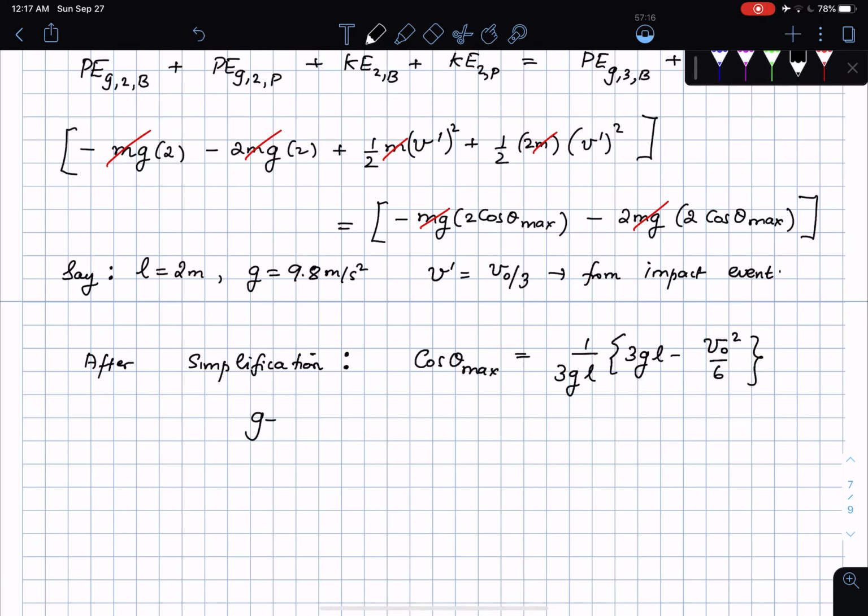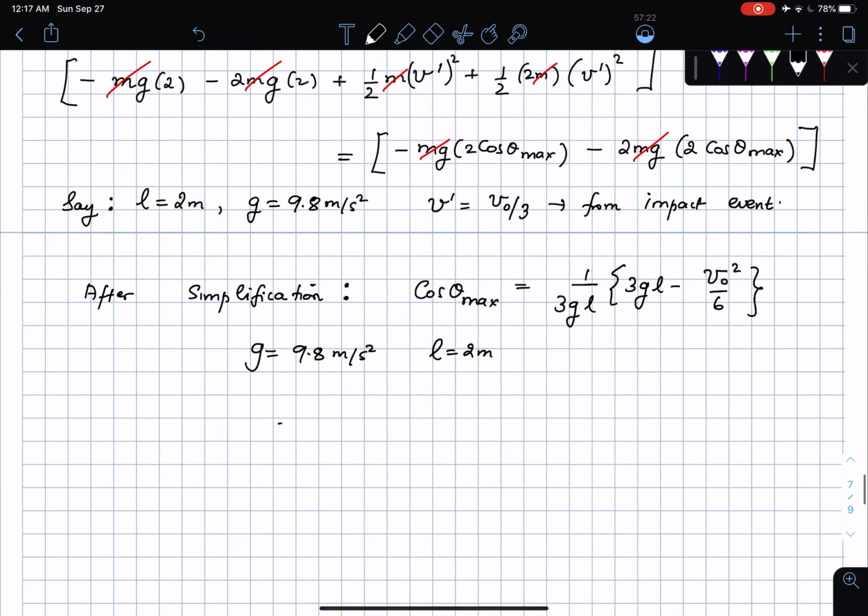G is equal to 9.8 meters per second squared, and L is equal to 2 meters. If I do the substitutions, the 3gl terms cancel off, so cosine theta max is equal to 1 minus V naught squared divided by 3gl, which is 18 GL.